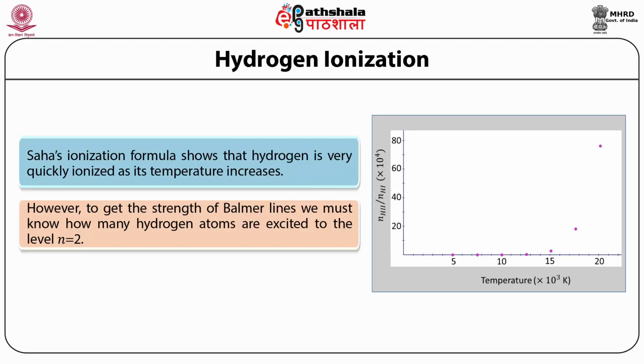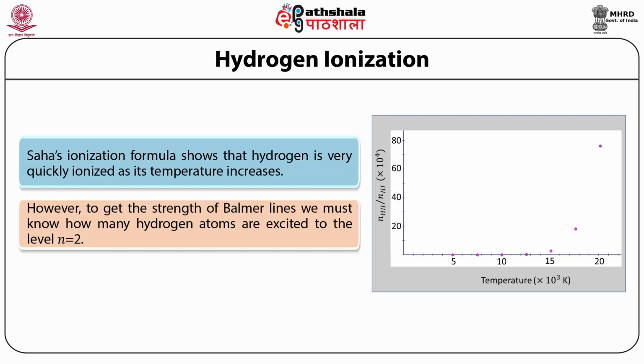The partition functions of the neutral and ionized hydrogen atoms are very different, and we can have the data of the fraction of ionized hydrogen atoms at various temperatures at P_e, or pressure, equal to 100 dynes per centimeter square.